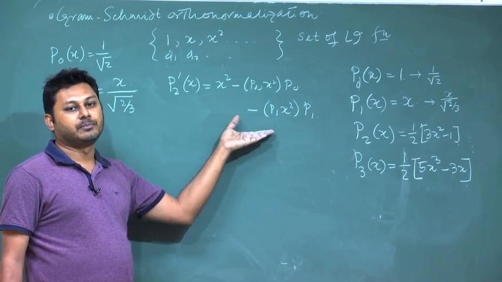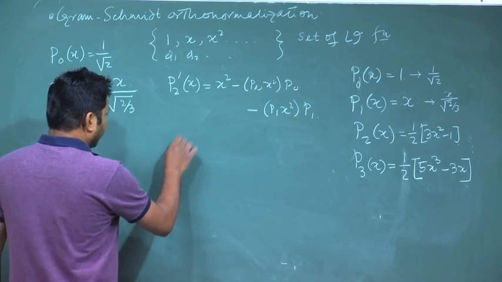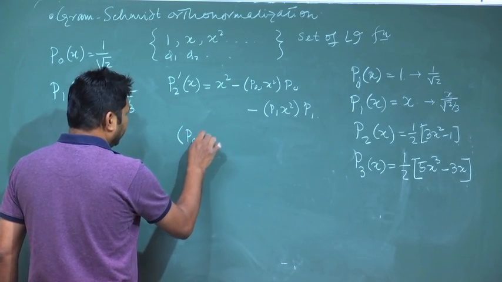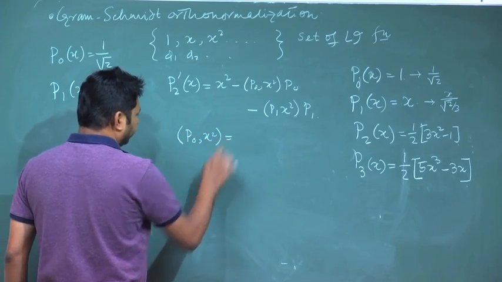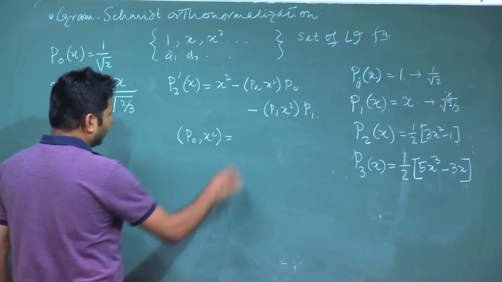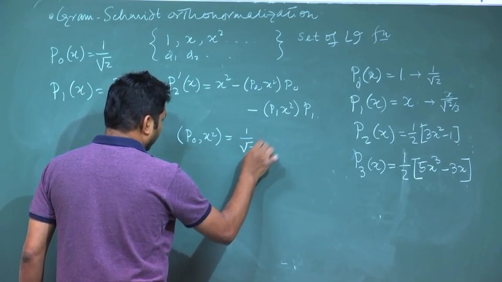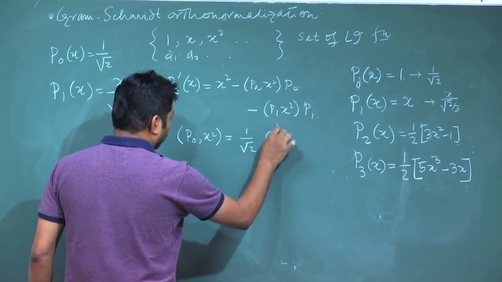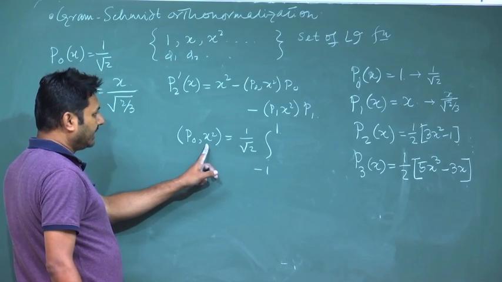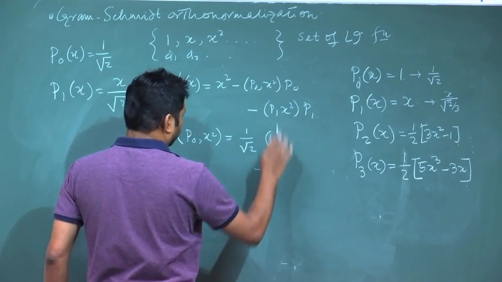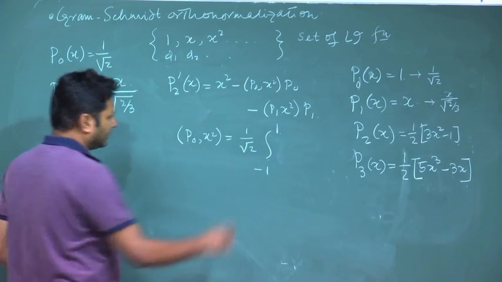So, I am doing the same thing. Let me find out what is my inner product of p0 and x square. My p0 I have already calculated, it is 1 over root over 2, integrated from minus 1 to 1, and it is x square.